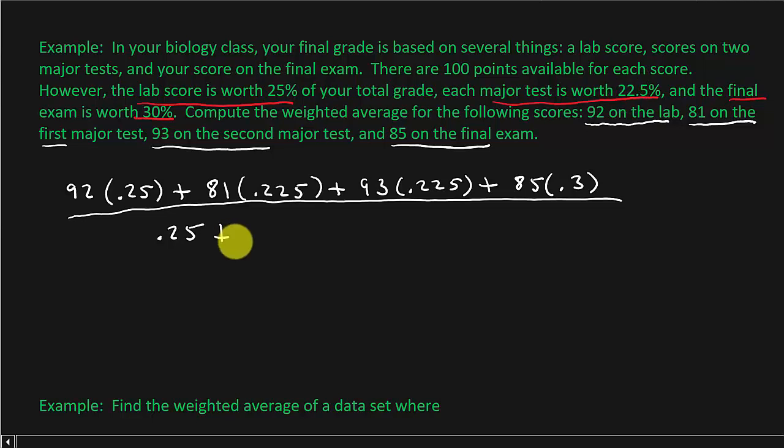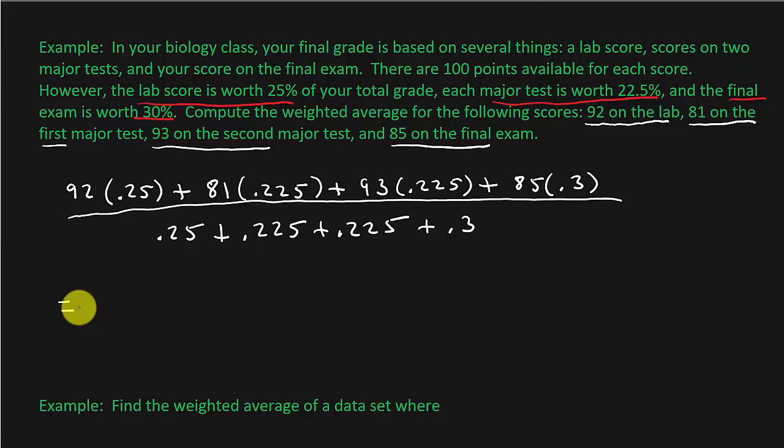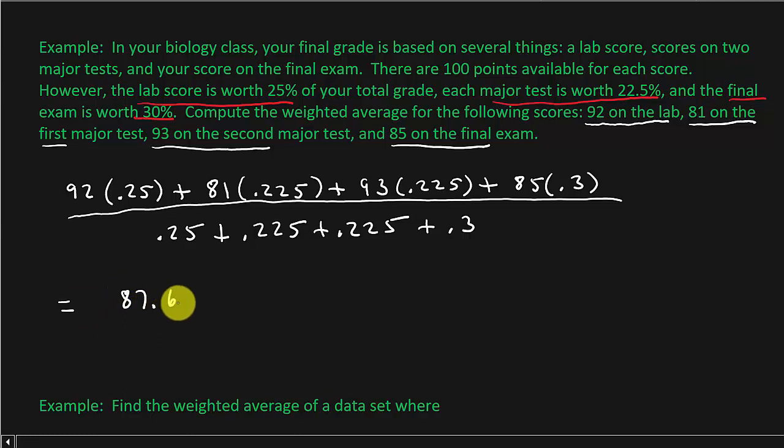And then the test is 0.225 plus 0.225, because we got two of them, plus 0.3. And when you plug all of that into your calculator, you get 87.65, which is your final average for the course.